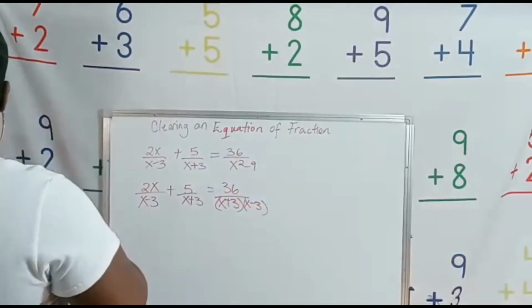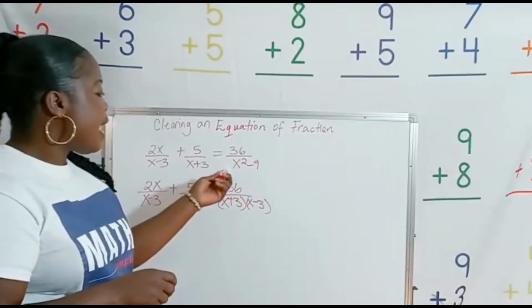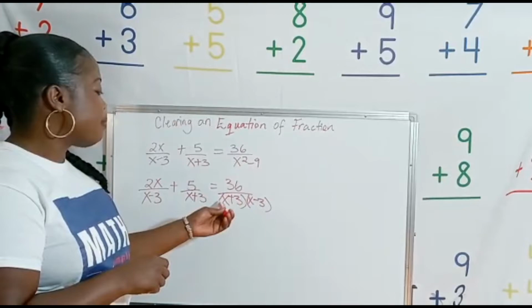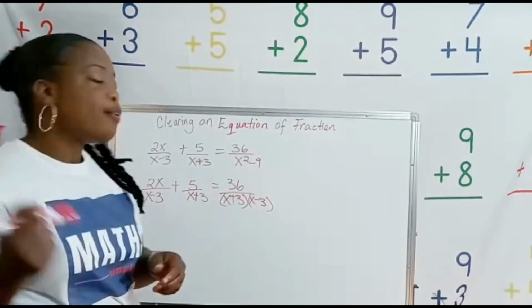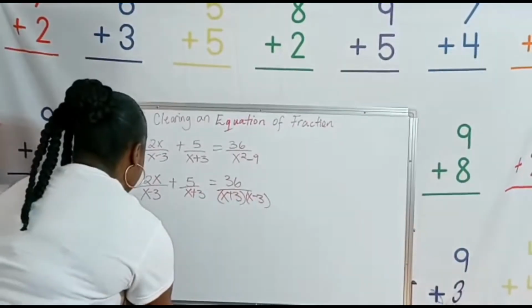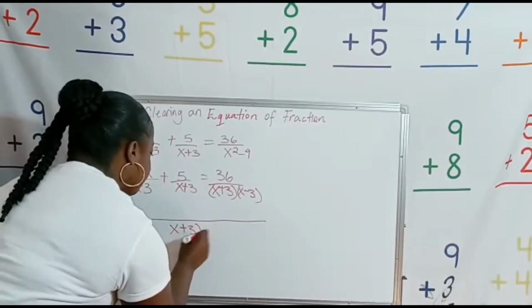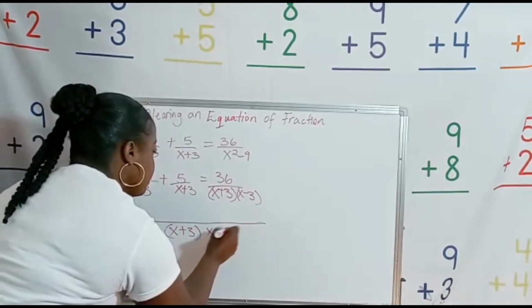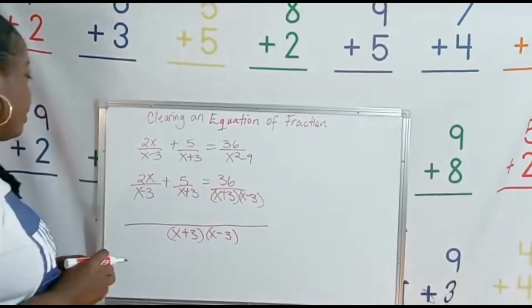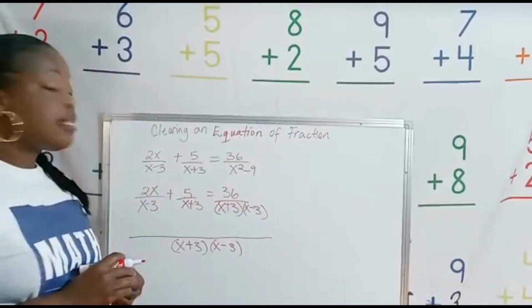Now that I've rewritten x squared minus 9 in the form x plus 3, x minus 3, I can go ahead and find the LCM. The LCM again is x plus 3, x minus 3. Now we can go ahead and simplify.